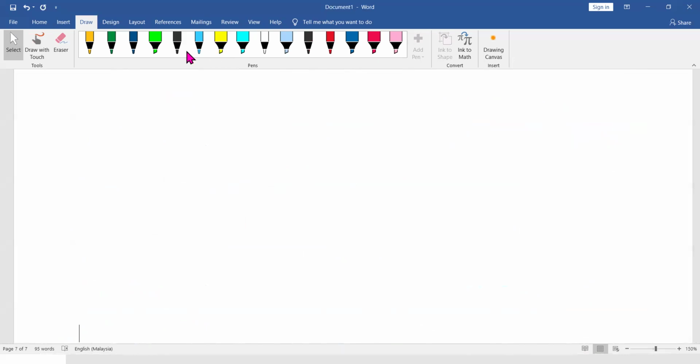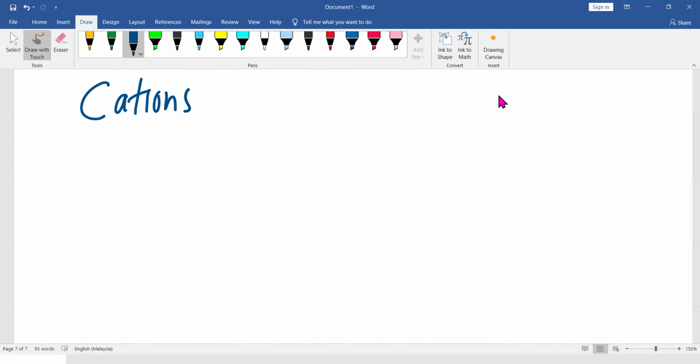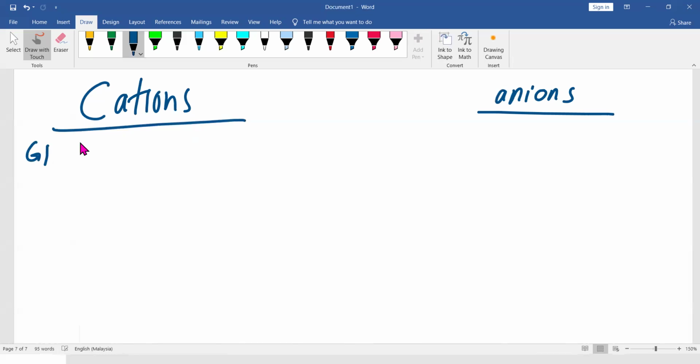Positive ions are called cations. Negative ions are called anions. We start with the easy ones. Group 1: potassium, sodium. Group 2: magnesium, calcium.